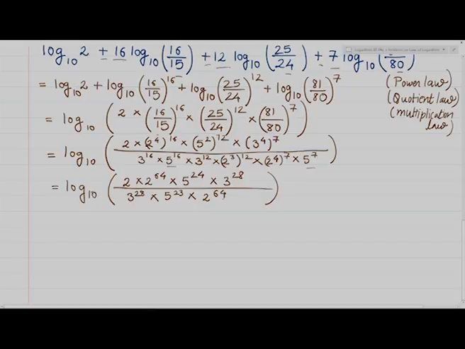Then I think we have done a nice job, and 2 raised to 64 cancels with this 2 raised to 64, 3 raised to 28 cancels with this 3 raised to 28, 5 raised to 23 and 5 raised to 24 will get cancelled and will yield log to the base 10 of 2 into 5. So it reduced to a very simple number, that is log to the base 10 of 10.